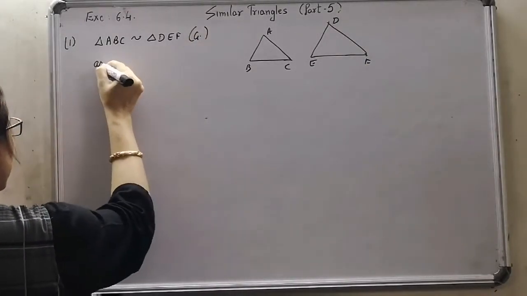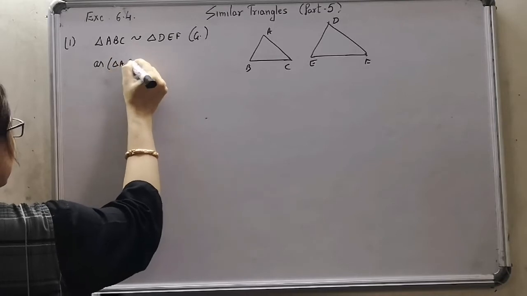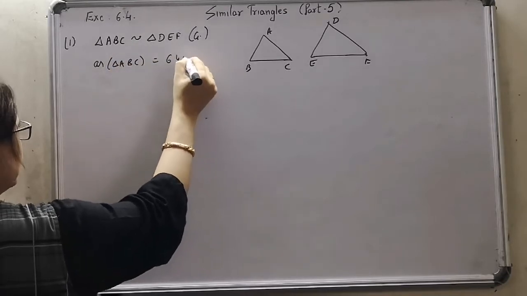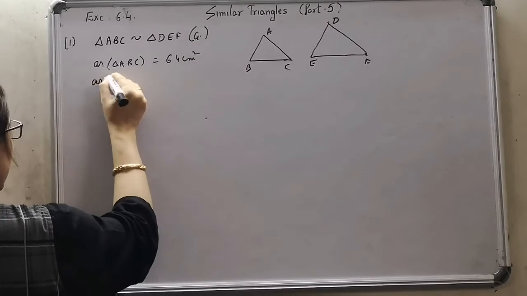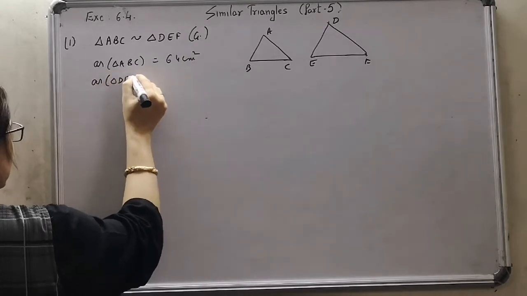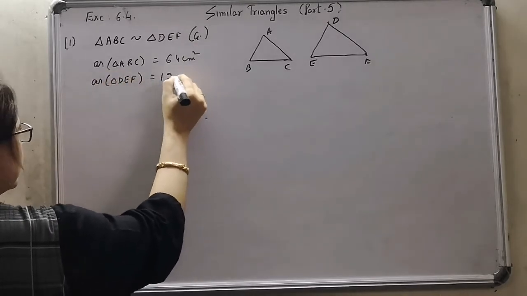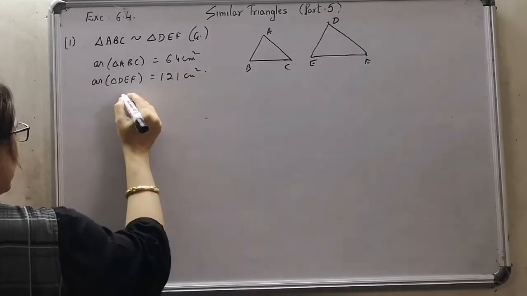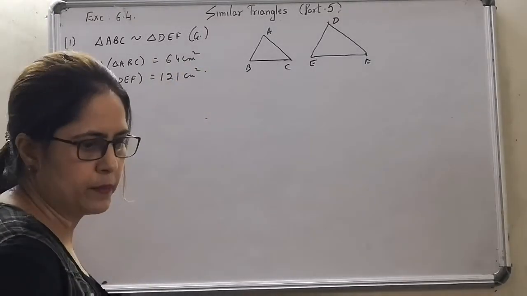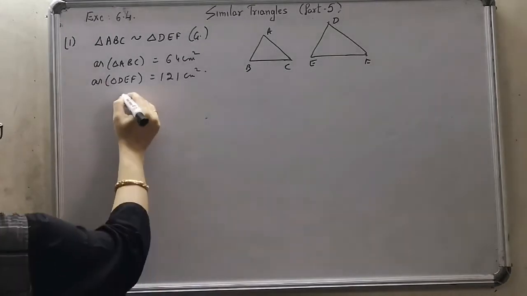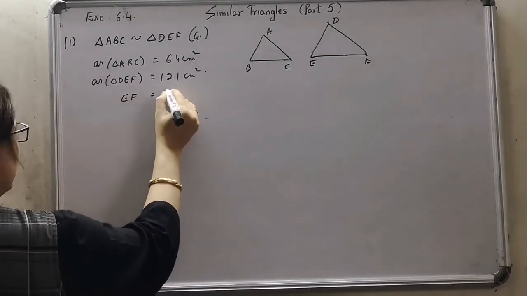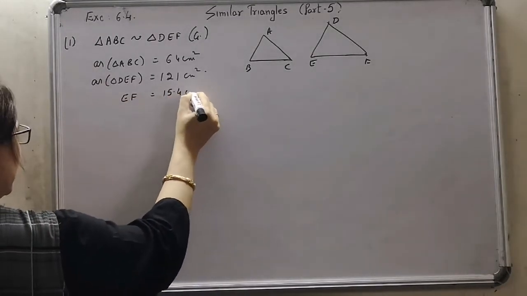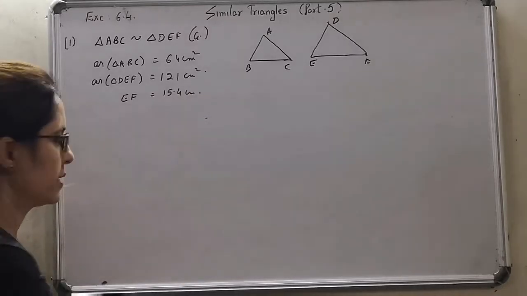We are given area of triangle ABC as 64 square centimeter and area of triangle DEF as 121 square centimeter. We are given the length of line segment EF as 15.4 centimeters, and we have to find the length of the line segment BC.